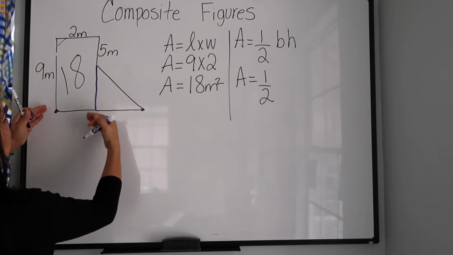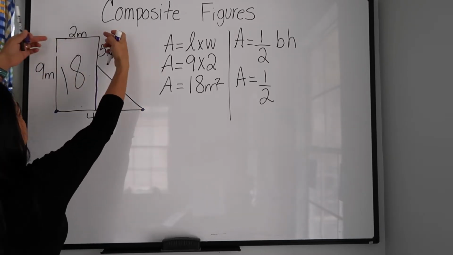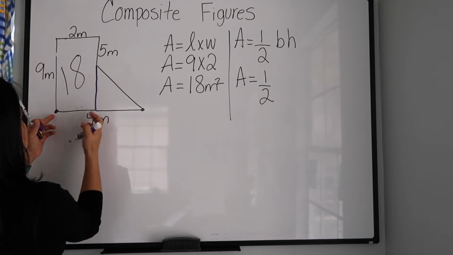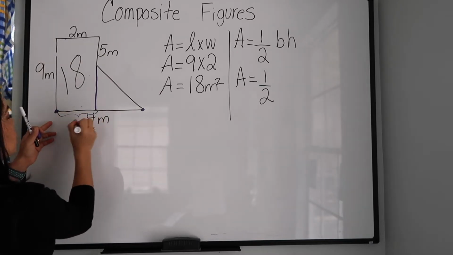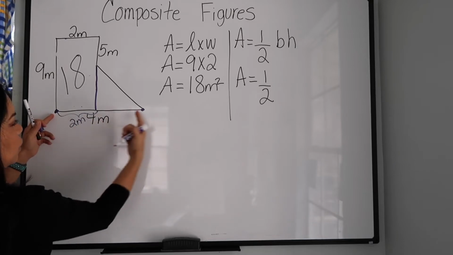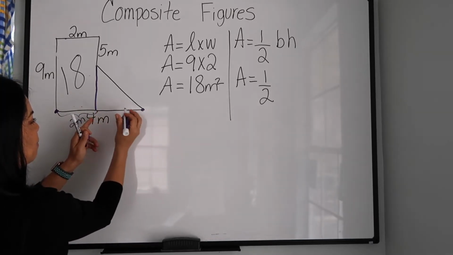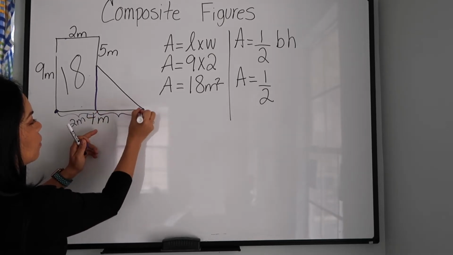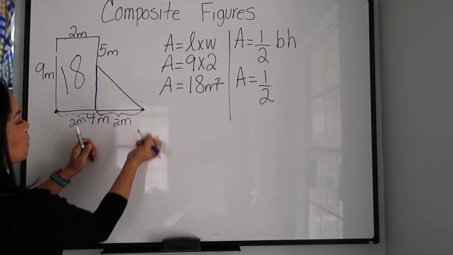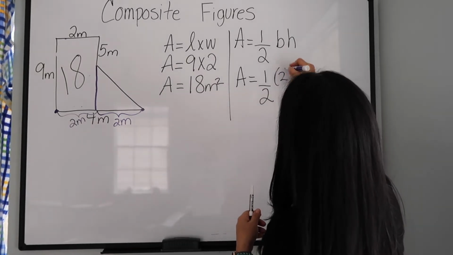But we also know by looking at the rectangle that its width is 2 meters. If this side is 2 meters and the total is 4, that means that this side, the base of this triangle, is also 2 meters. Well, we have that as times 2.